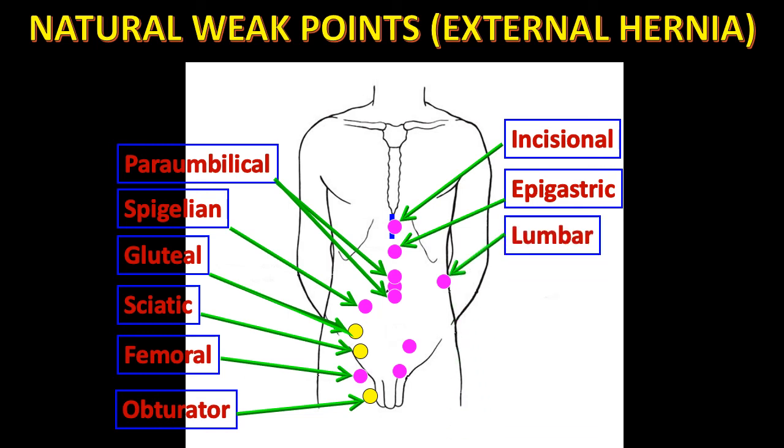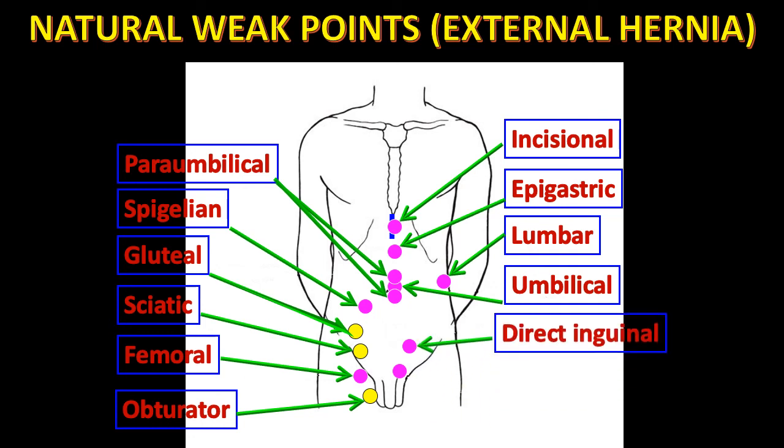The lumbar hernia occurs in the lumbar triangle. The umbilical hernia occurs through the bulging of the whole umbilical cicatrix, the whole, not the border of the cicatrix, the whole umbilicus covering skin.